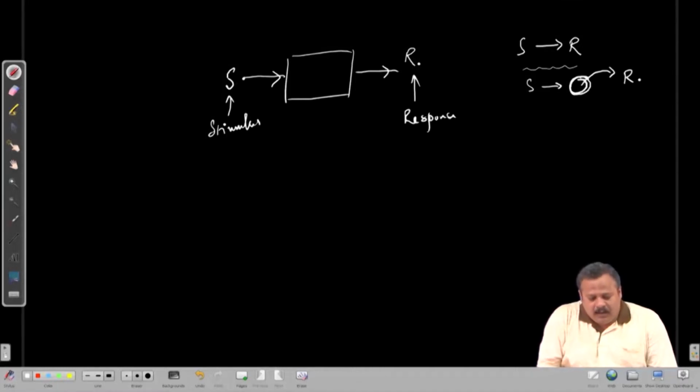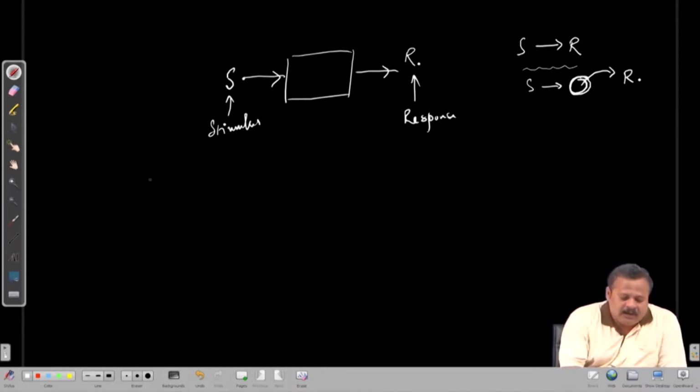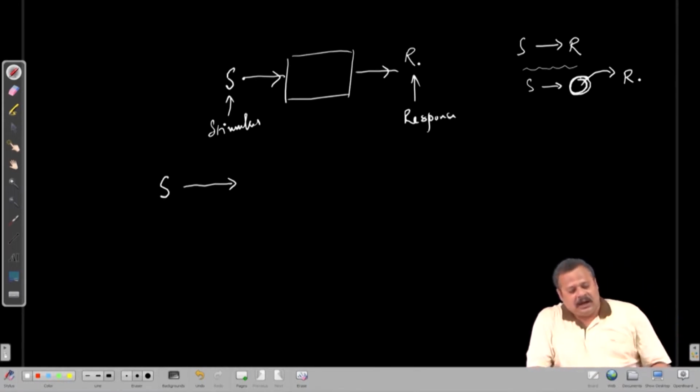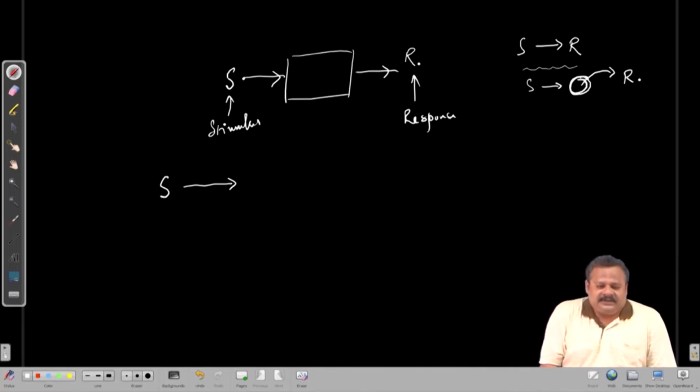First, we start with the idea of how much randomness or uncertainty there is in a particular random variable. If we have the stimulus, then before the stimulus arrives and we get a response from the neuron, there is a huge amount of uncertainty present.